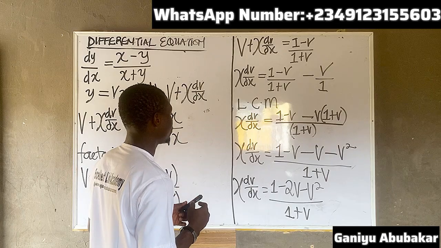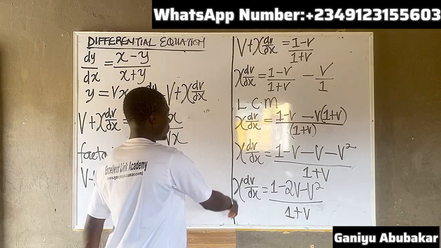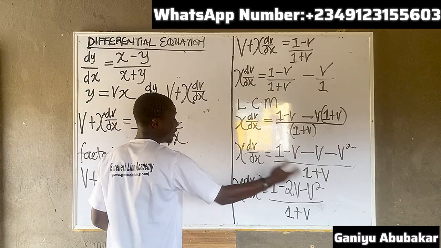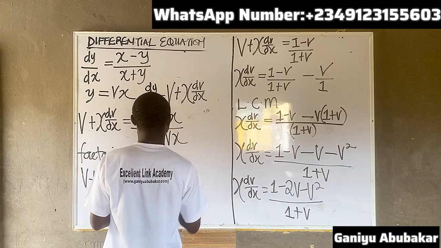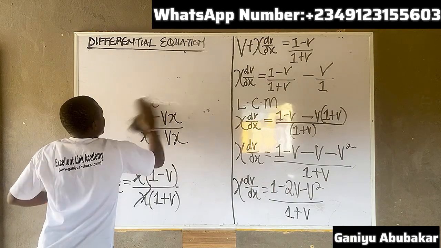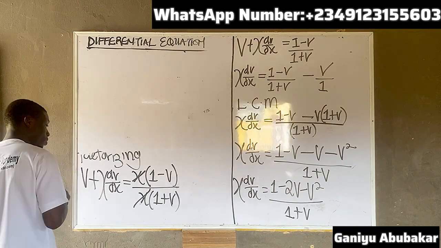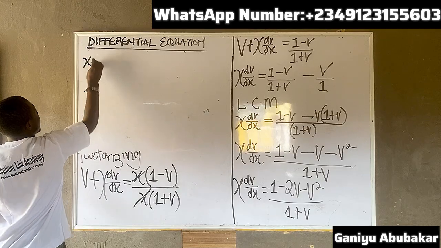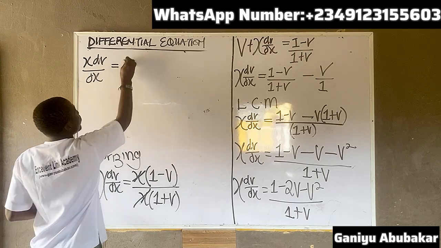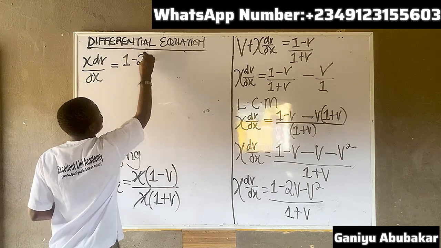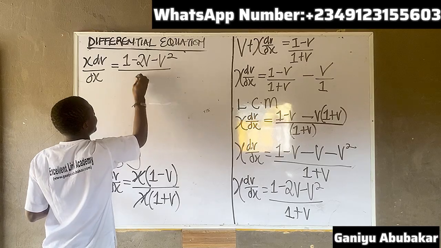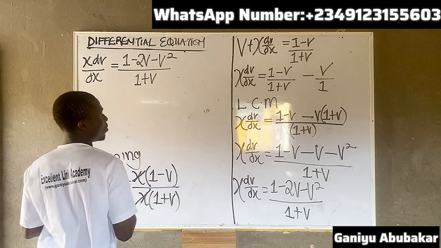Next priority. If I simplify this one here, that gives you x dv over dx equals 1 minus 2v minus v squared all over 1 plus v.